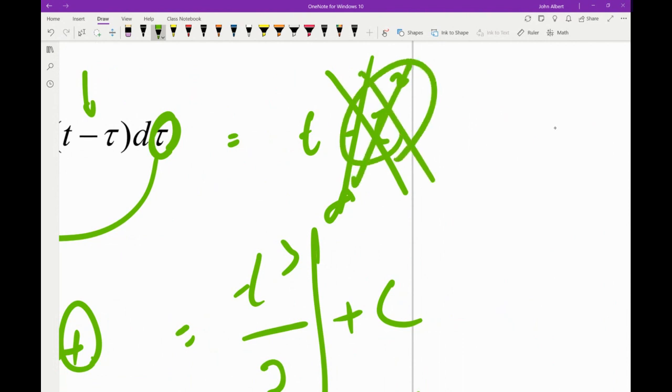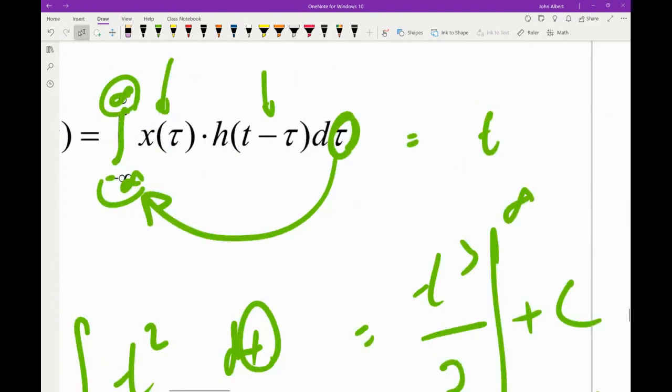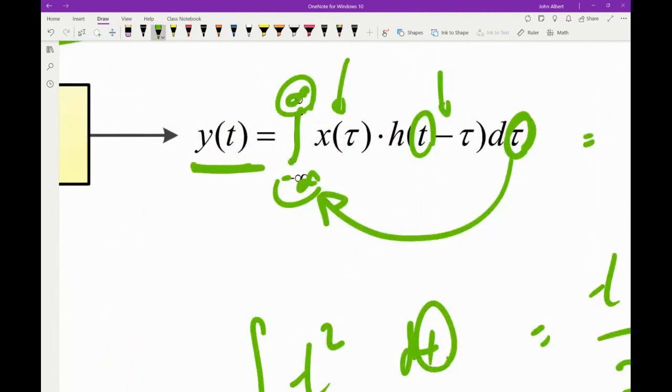But can the output have t in it? The answer is yes. h is a function of both variables, t and tau. So when you do the integration, tau will disappear, but t will remain. There are special cases in which the output may not depend on t, but in general the output will depend on t, and it will never depend on tau.